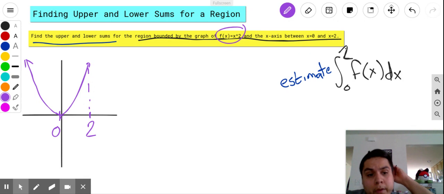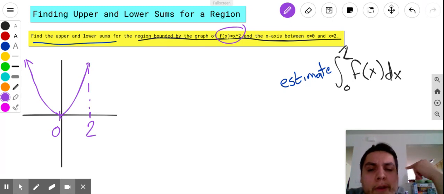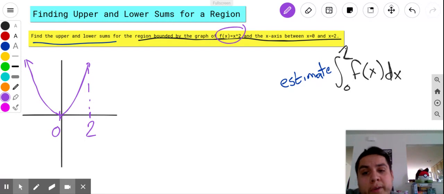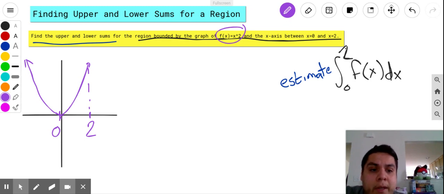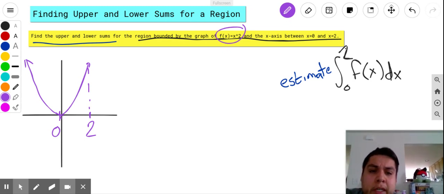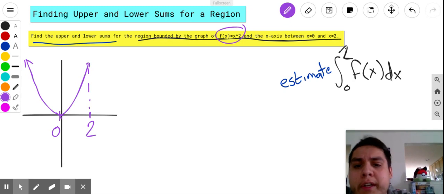All right. So in this instance, I can think about the lower and upper estimate. I don't have a lot of information to go with. If I was given the number of rectangles, or sub-intervals, that I should have, then I could easily do that. But since I don't, I'm going to give you more information so we can actually solve this problem. I want to divide this into 5 equally spaced intervals.